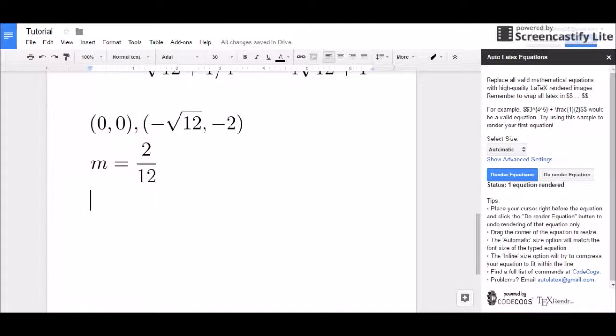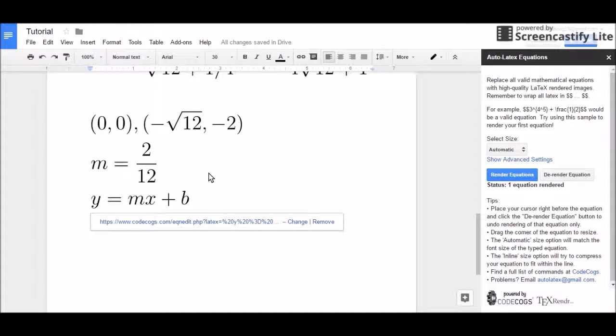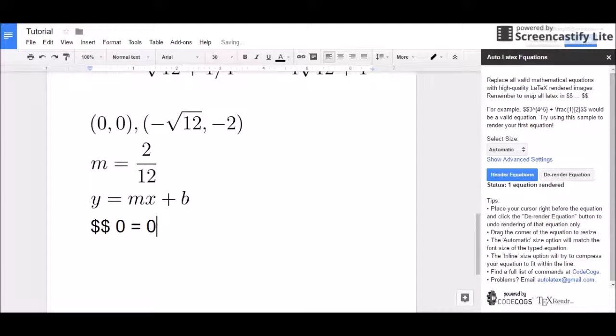Okay, and then we're gonna simply use y equals mx plus b to find the equation of a line. And since we have zeros here, 0 is equal to 0 times x, 0 times m, or m times 0, which is just 0.